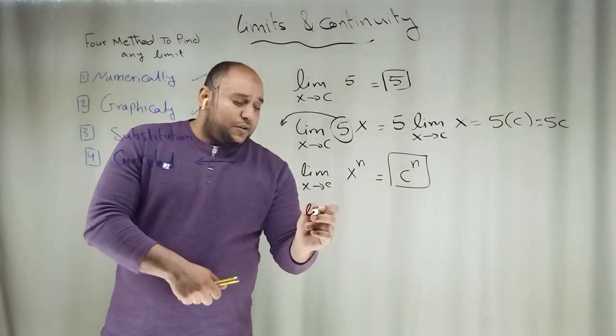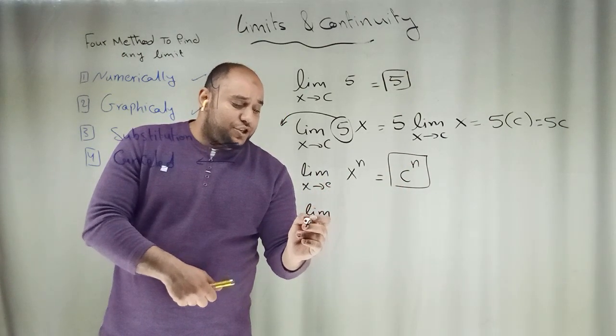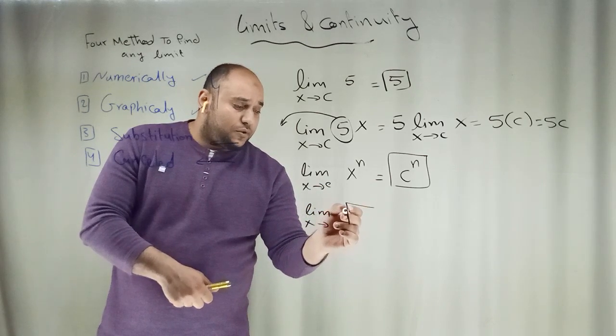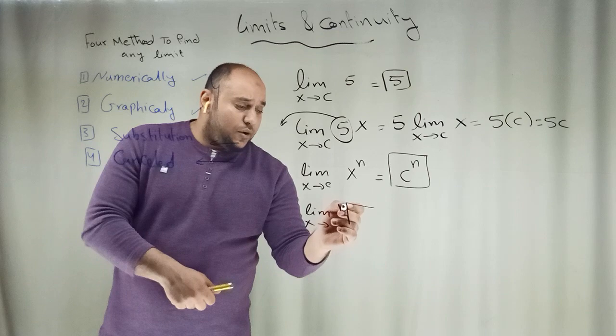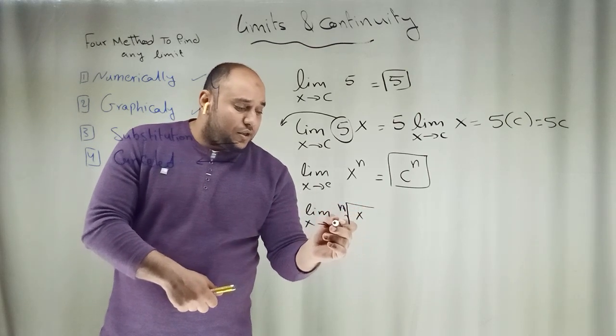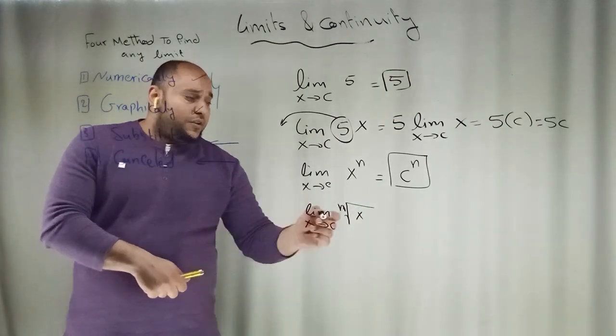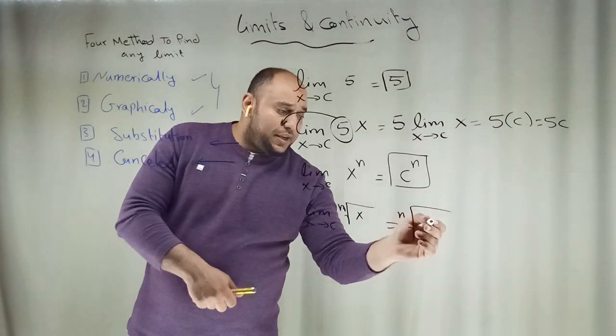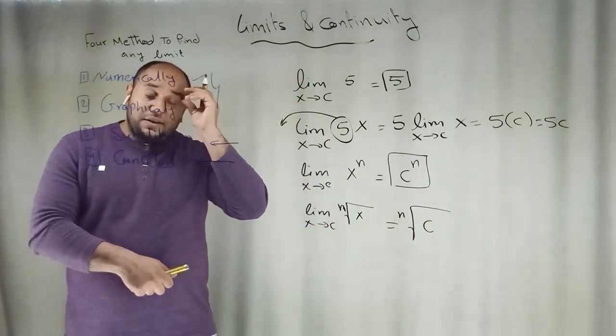If I take the other shape of function with the square root or any root of x, I have two approaches here. Just replacement of x to find the limit directly.